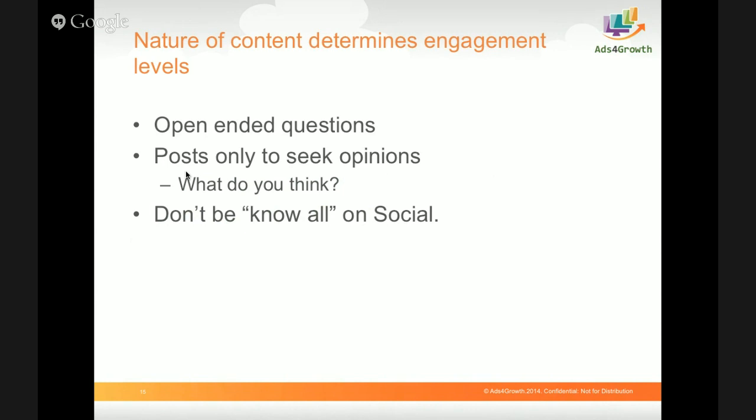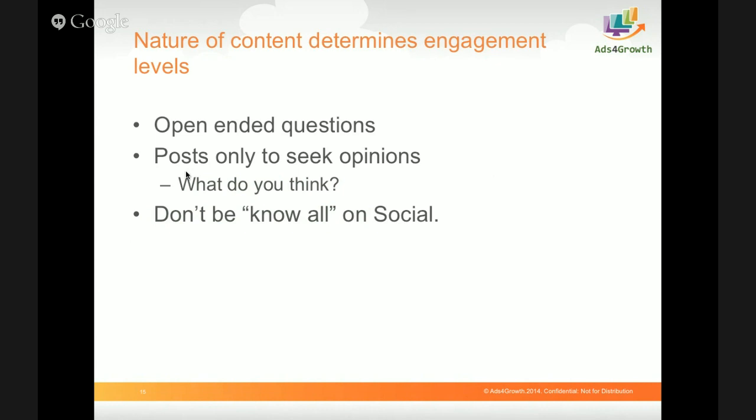So you must have open-ended questions. Sometimes I've seen a lot of people end their post by saying, look, I'm going to be speaking here, I'm going to be talking there, I'm going to be presenting now, or here is a new idea, this is the feature that we are releasing. If you use it, please do come back and tell me how you felt about it.